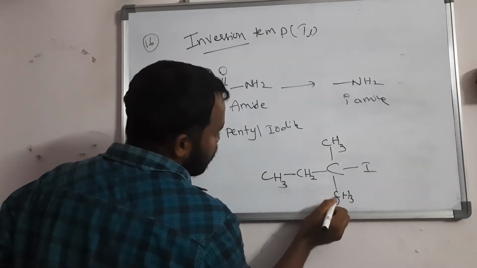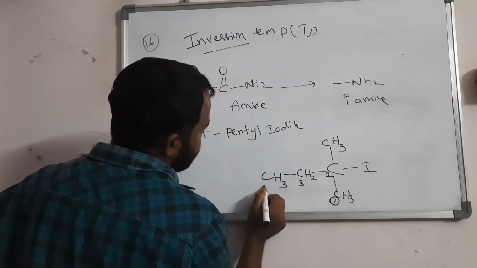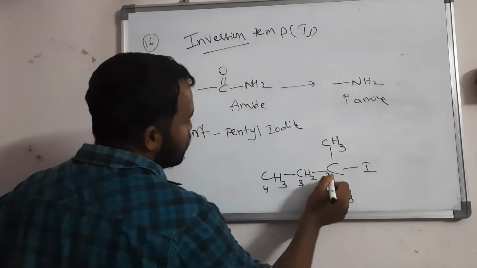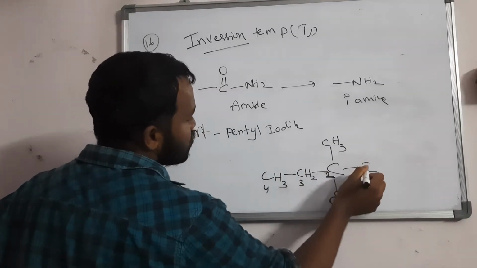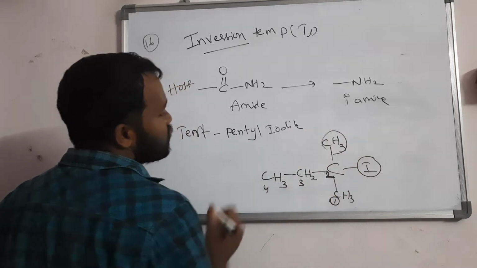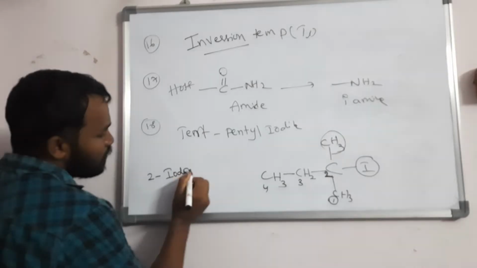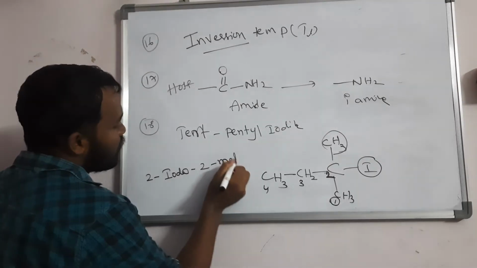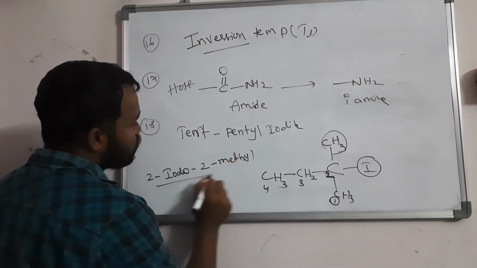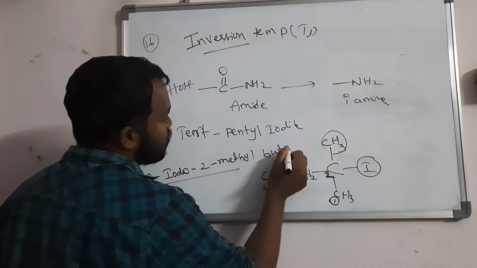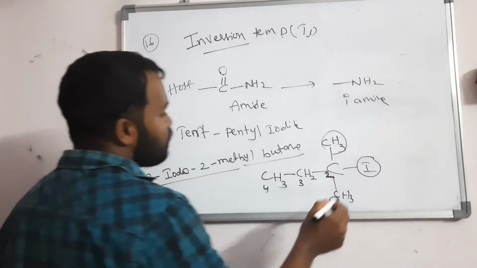Now I will give the numbering 1, 2, 3, 4. This is the 1, 2, 3, 4 long chain. Carbon 2 contains 2 substitutions, iodide and CH3. So hence 2-iodo, 2-methyl butane.